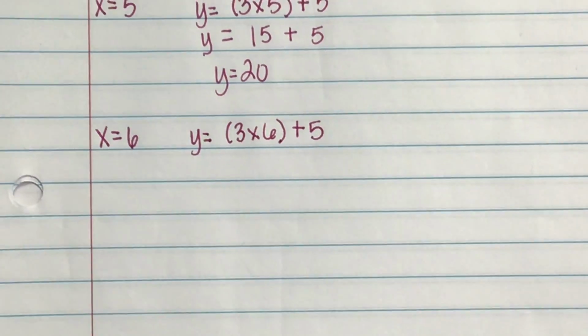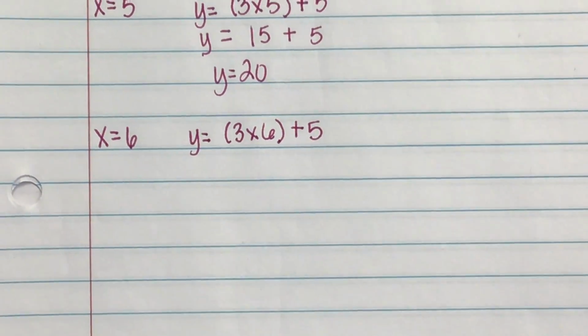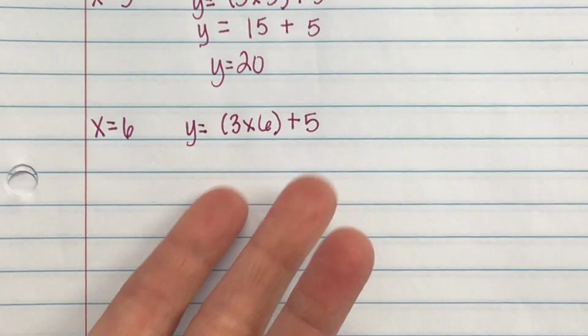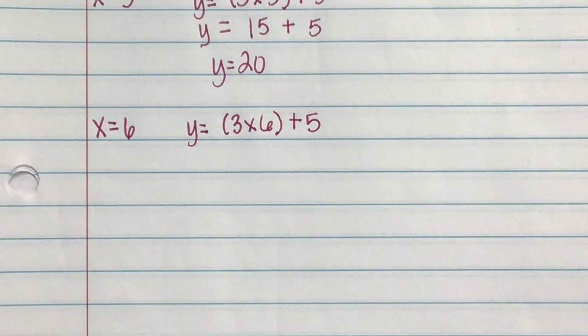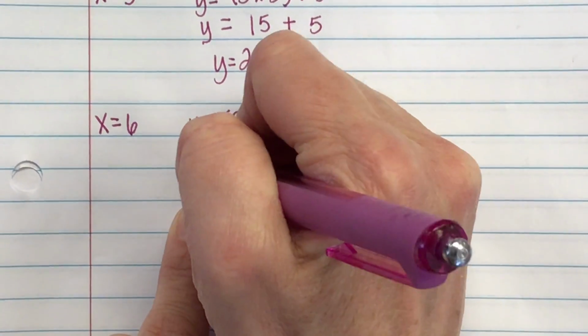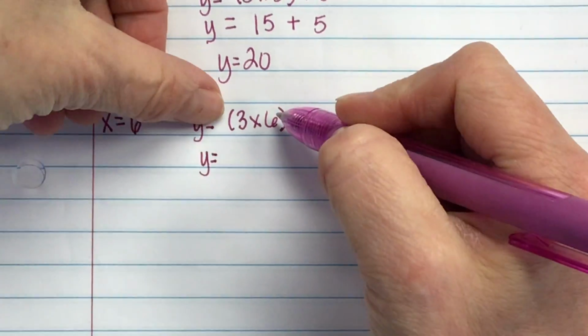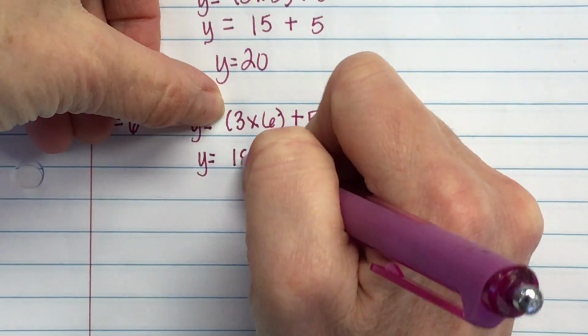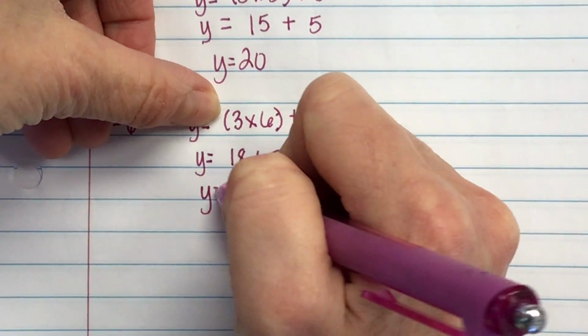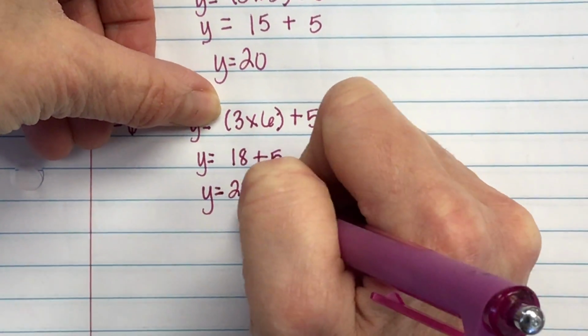Raise your hand if you can already tell me what y is equal to. Okay, we all can. 18 plus 5, 23, right? But we have to show each line of work. So y is equal to 18 plus 5, and then y is equal to 23.